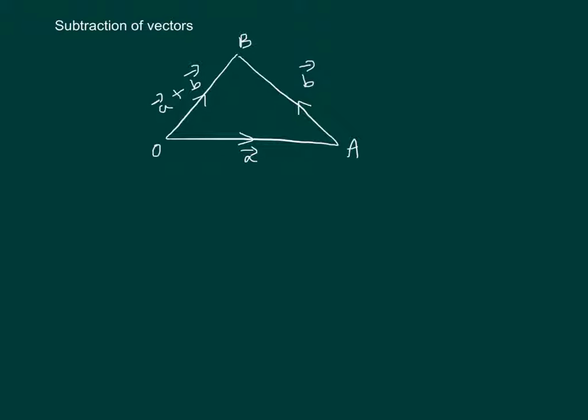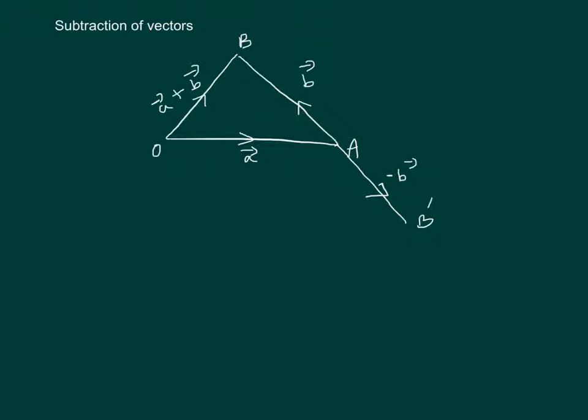Then from point A we can draw a negative of vector B, which will be equal in magnitude to vector B but opposite in direction, so it will be negative B. Let's name the terminal point as B dash.